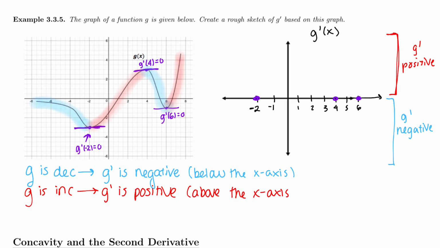The other thing that we already wrote down here is that where the derivative is 0, so at the maxes or mins, there's an x-intercept, right? Because that's where there's an x-intercept on g prime's graph, because that's where g prime is 0.